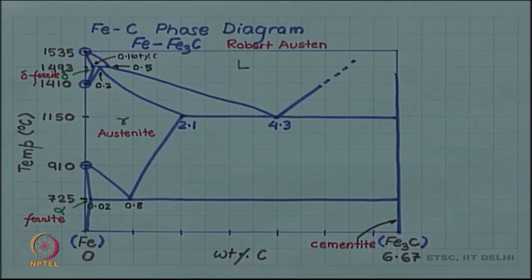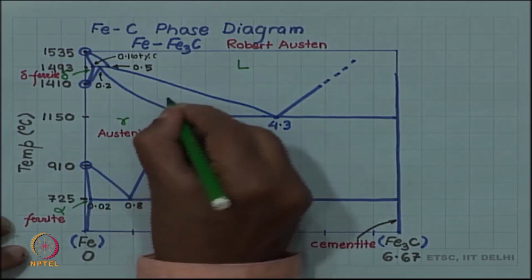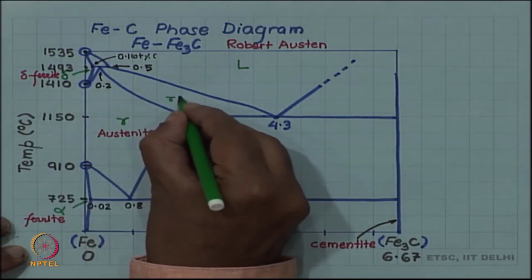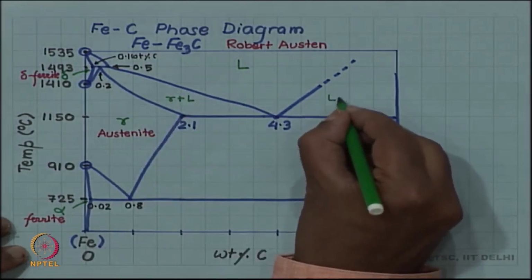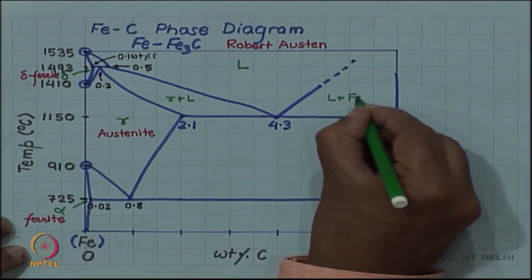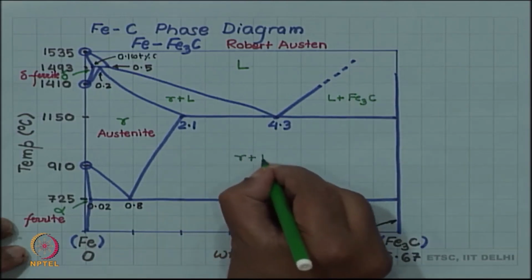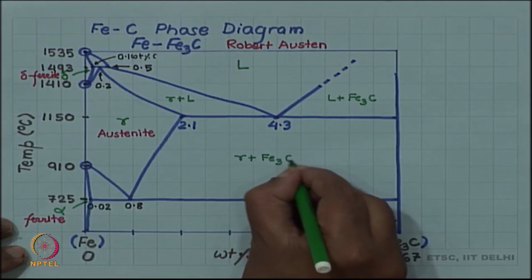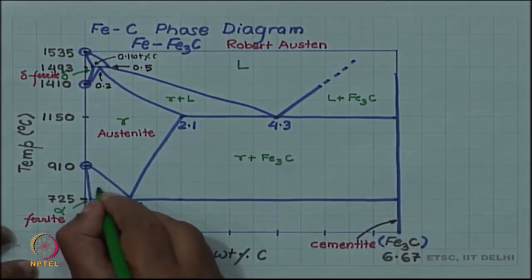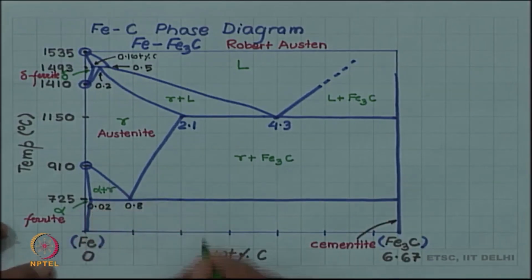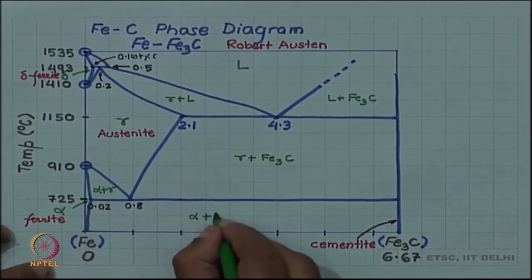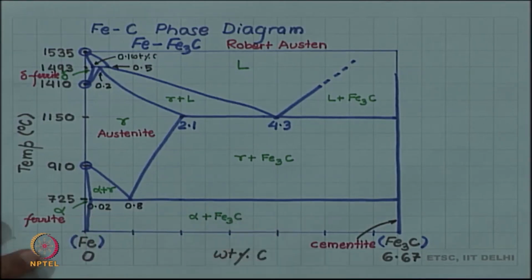The two phase regions which I have not labeled can be easily labeled, recall the 1-to-1 rule. If you remember the 1-to-1 rule, you can easily label all the two phase regions. So, this region will, for example, be gamma plus liquid, liquid plus Fe3C, gamma plus Fe3C, alpha plus gamma, and alpha plus Fe3C.